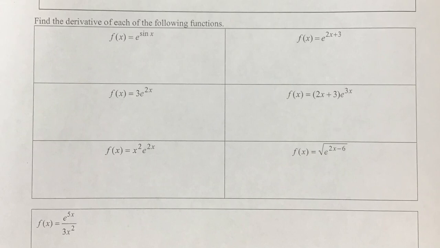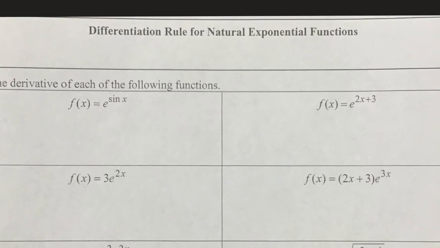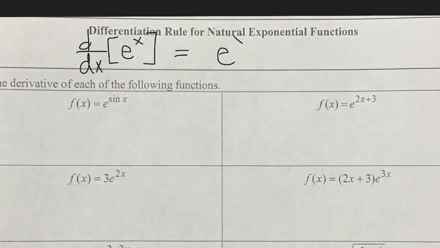So when we're taking the derivative of a natural exponential function, the natural exponential function is e to the x. So we're taking the derivative with respect to x of e to the x. It turns out that because exponentials are so awesome, the derivative of an exponential is the exponential itself.